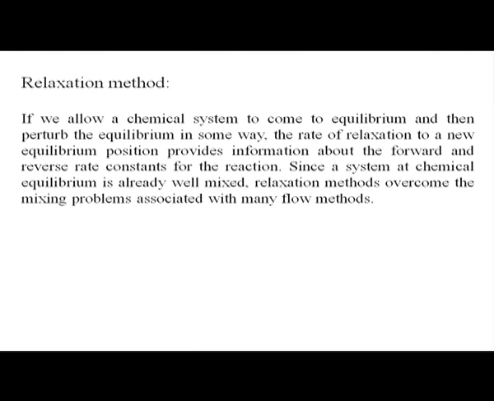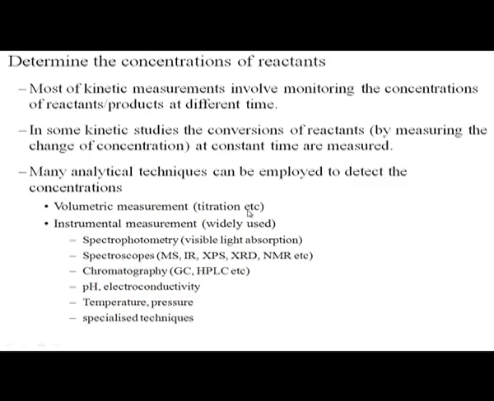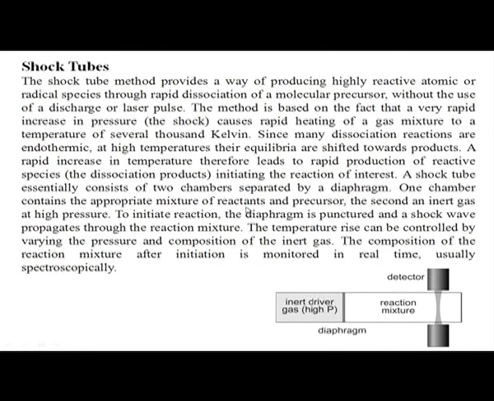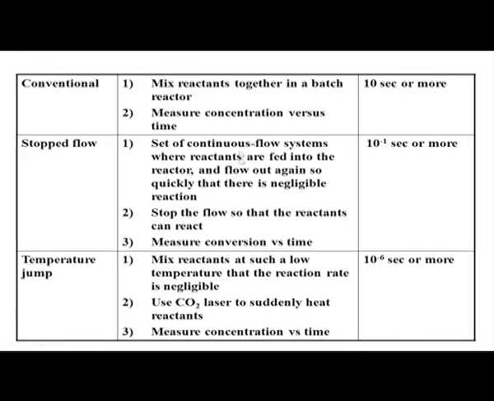So during establishment of the new equilibrium you can follow how fast or how slow it equilibrates. Okay. And another method was the shock method, preferably used for gaseous reactions, and we have compared various methods and their time constraints.